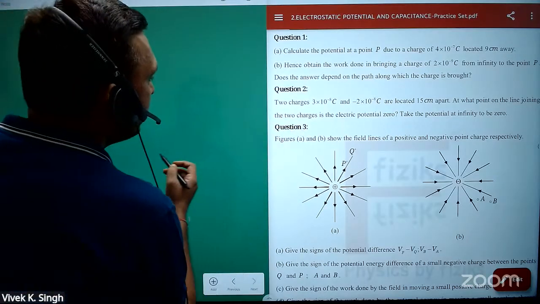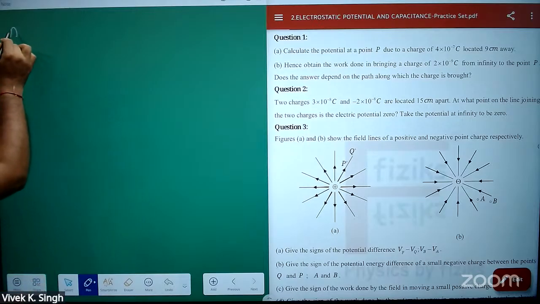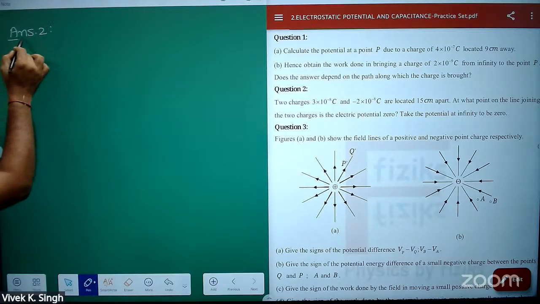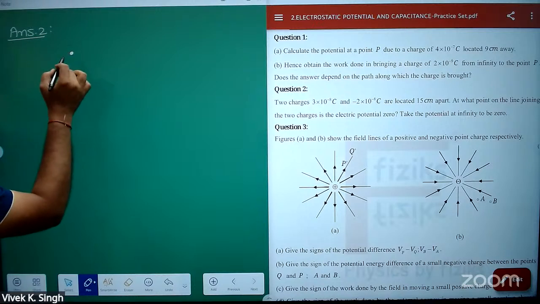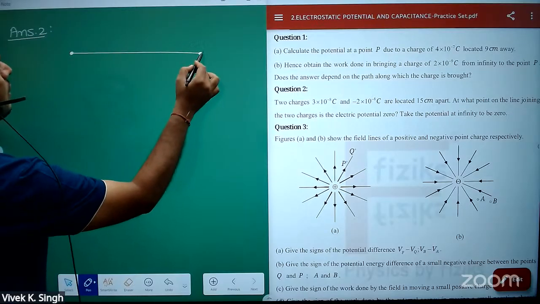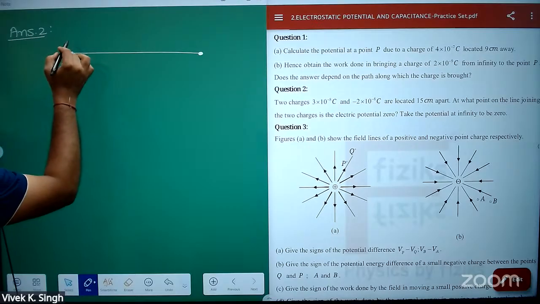Try to solve it. Now consider, let's see, this is a charge.